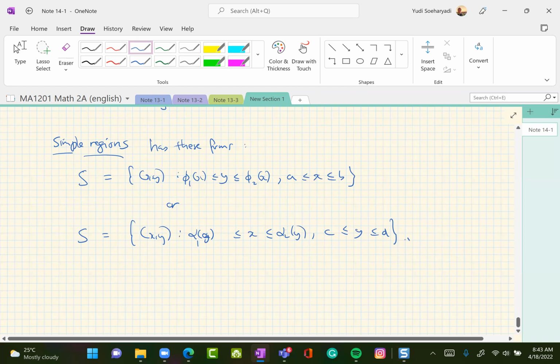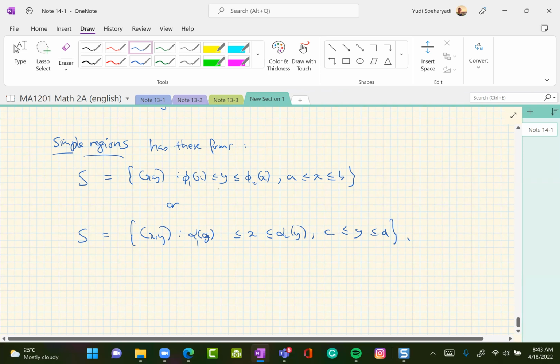So what's the similarity between 1 and 2 here? One variable is bounded by constants. Here x is bounded by constants a and b. Here y is bounded by constants c and d.